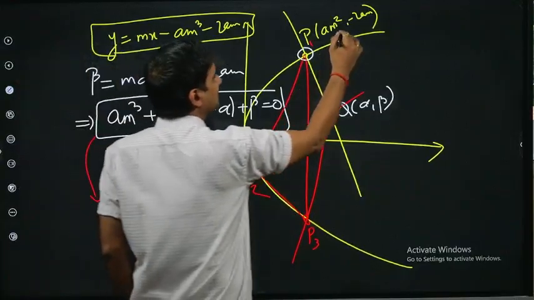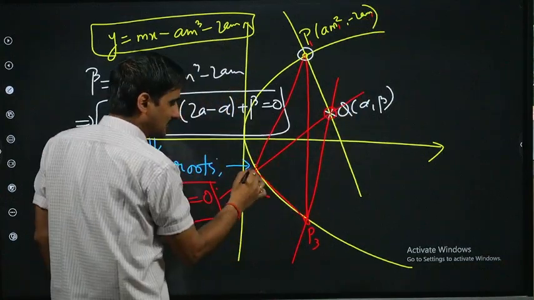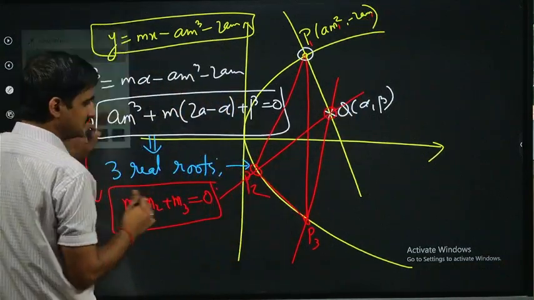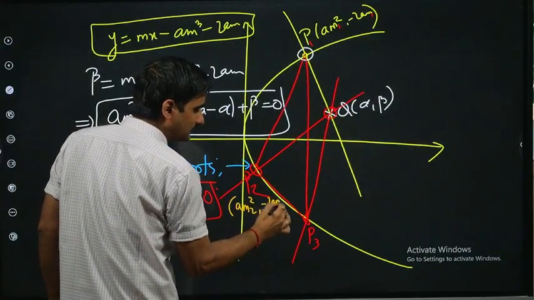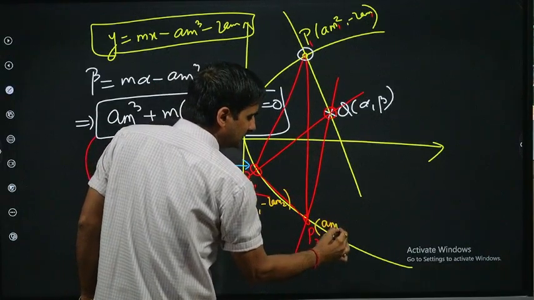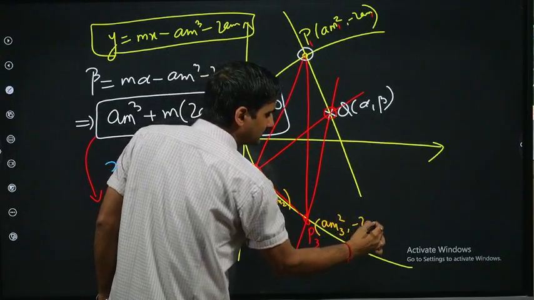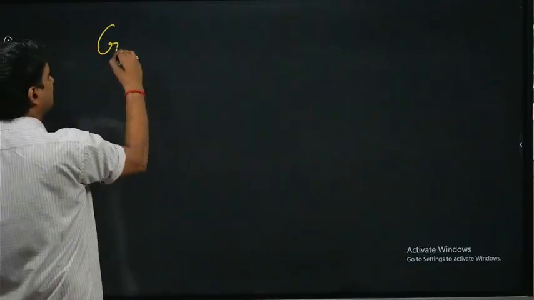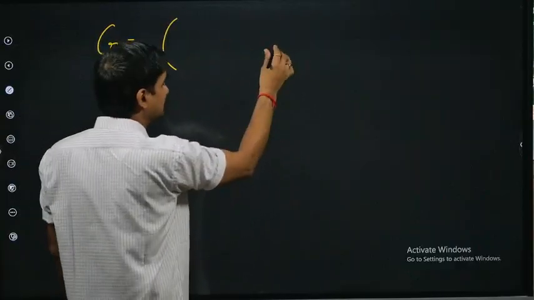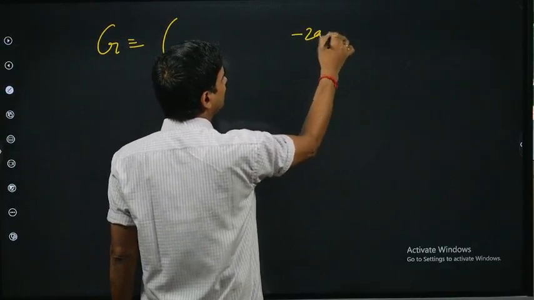Okay, and in that case these points will be the feet of the normals. So if I mark these points here, it will be (a m2 square, minus 2a m2), (a m3 square, minus 2a m3). Okay, centroid. So if I write the coordinates of this centroid, it has some abscissa. The importance is of the ordinate.